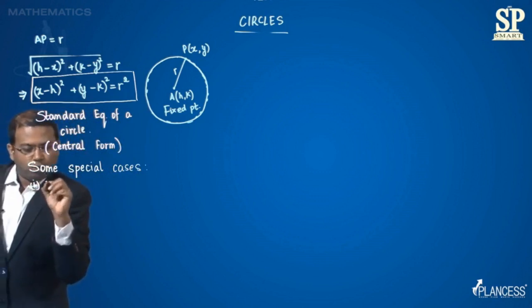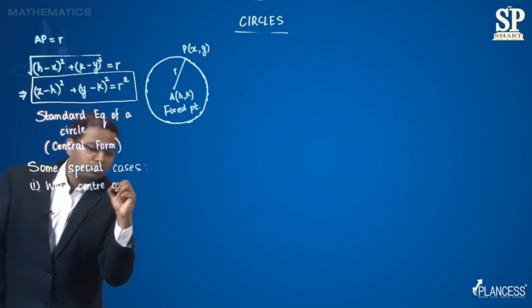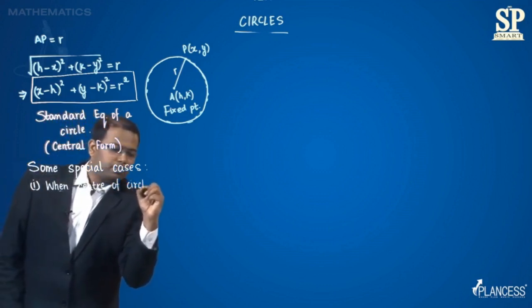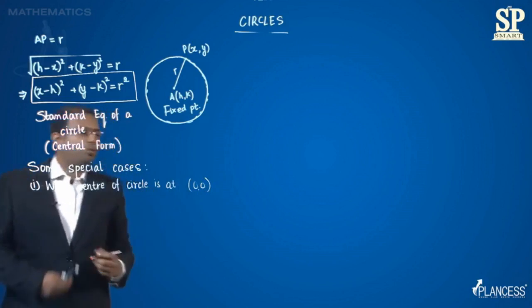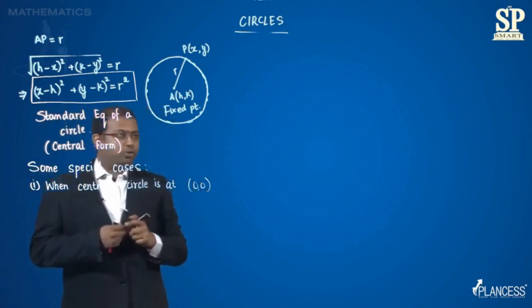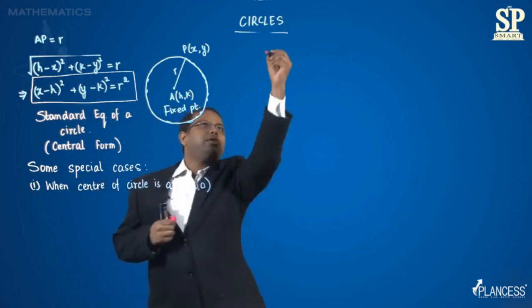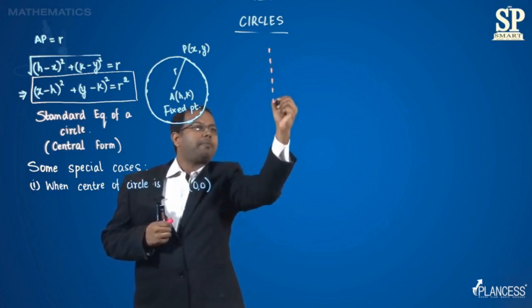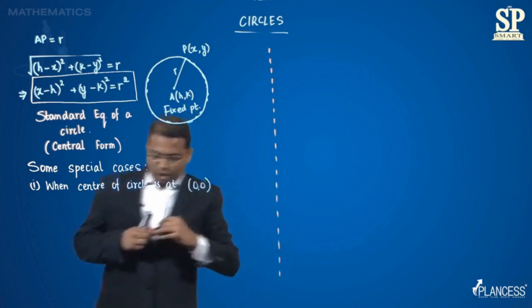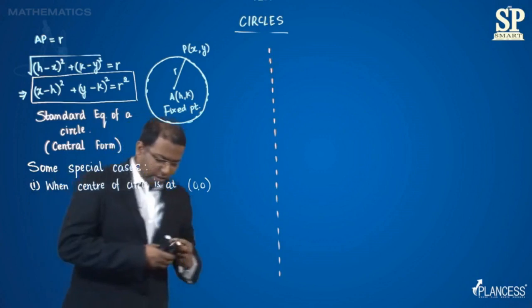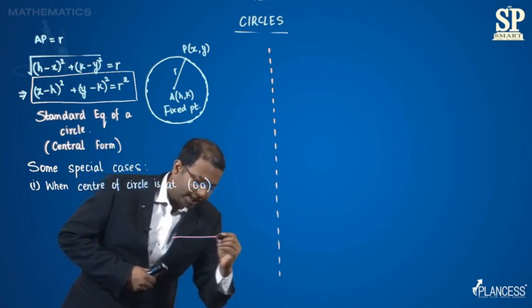Number 1, when the center of the circle is at 0, 0, which is the origin. So let me first draw an x-axis.